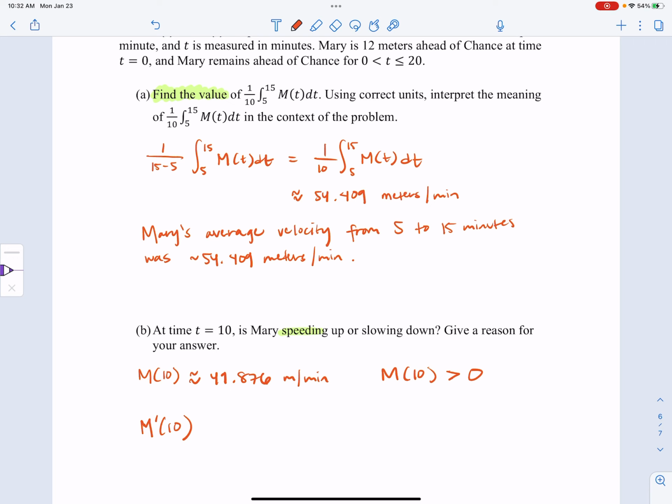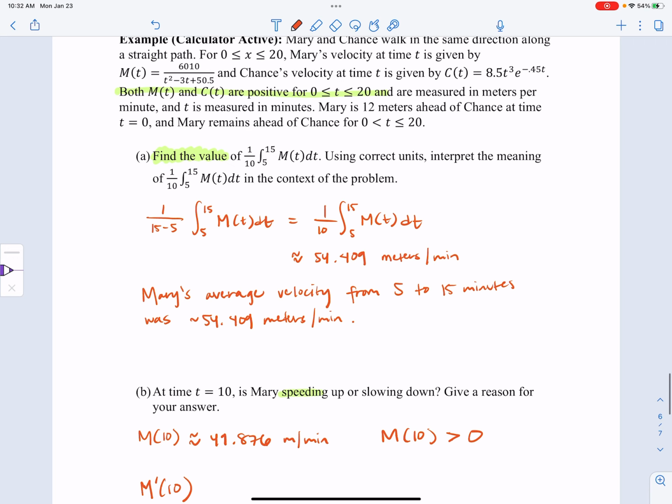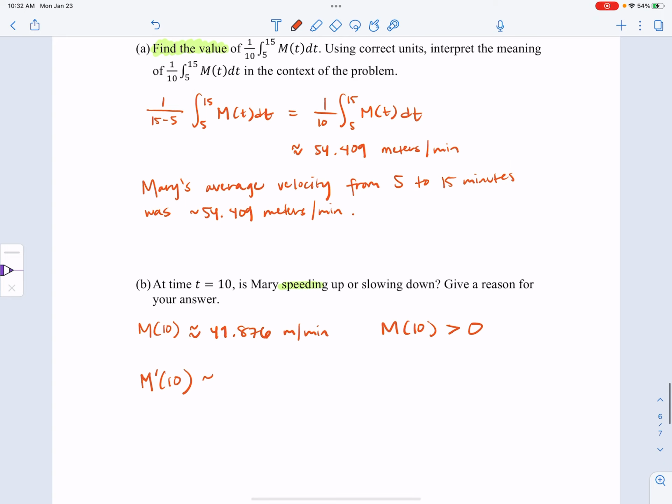So type in x for the d over dx, type in the rule for m of t, 6,010 divided by x squared minus 3x plus 50.5, and then when x is equal to 10. We end up with approximately negative 7.036, and that would be meters per minute squared, which is acceleration. So m prime of 10 would be less than 0.